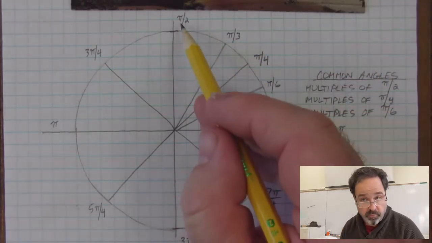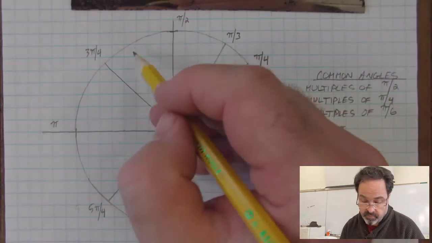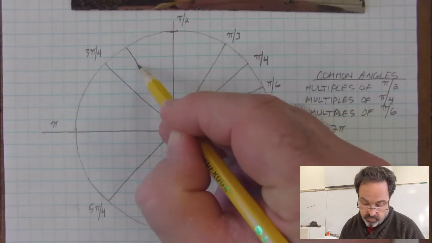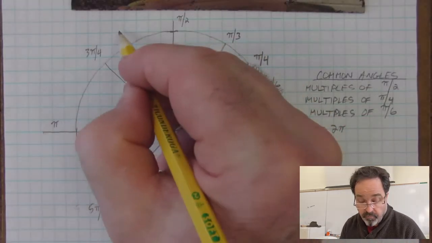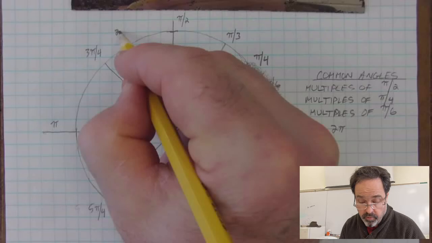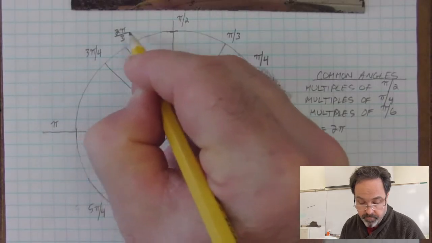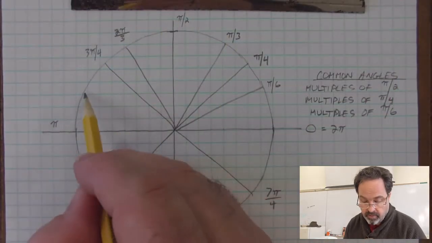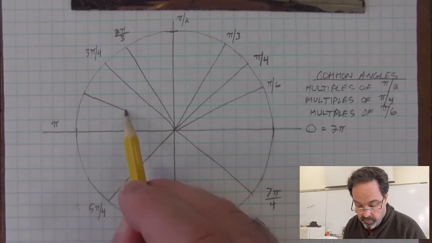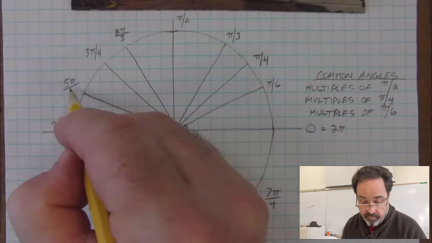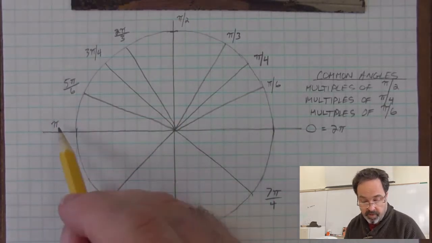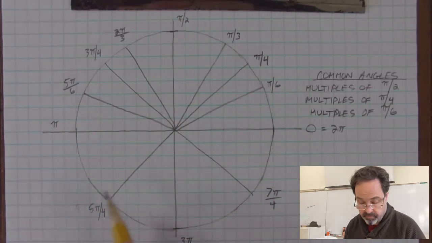Pi over 2 is a multiple of pi over 6 radians. The next one is 4/6, pi over 3, or 2 pi over 3. And then 5 pi over 6. Pi is a multiple of pi over 6.